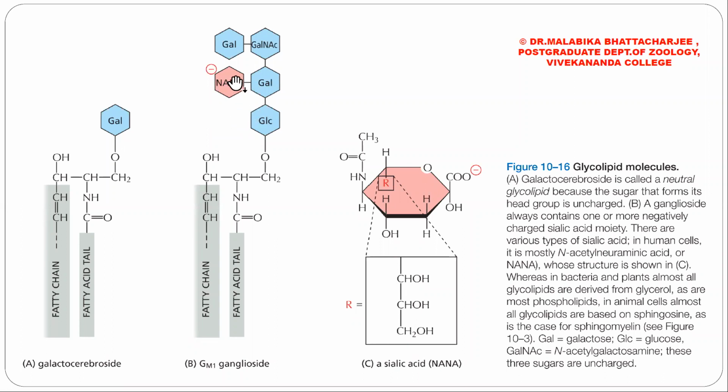Sialic acid plays an important role in helping the immune cells understand which is a self and which is a non-self cell. So these are the variety of glycolipids that are found on the plasma membrane.